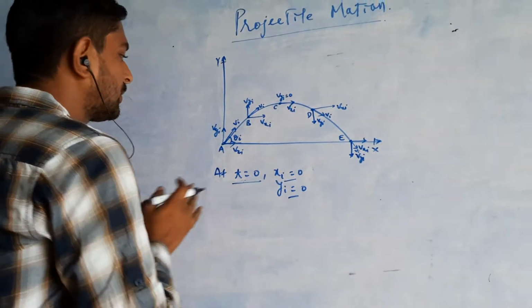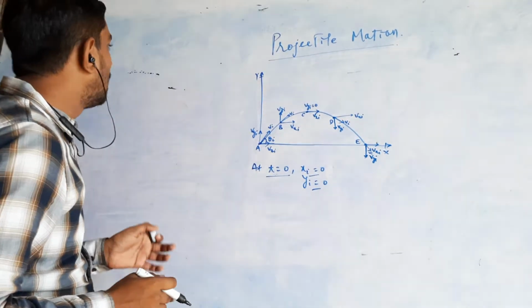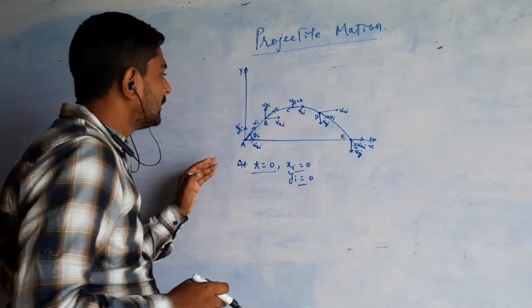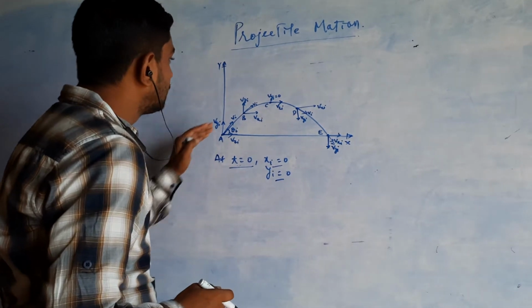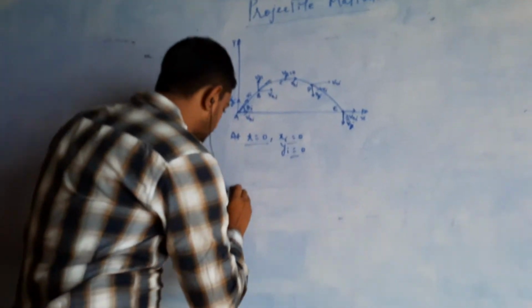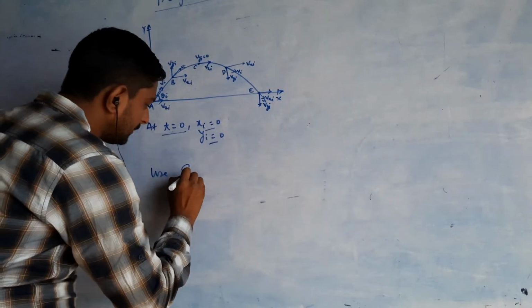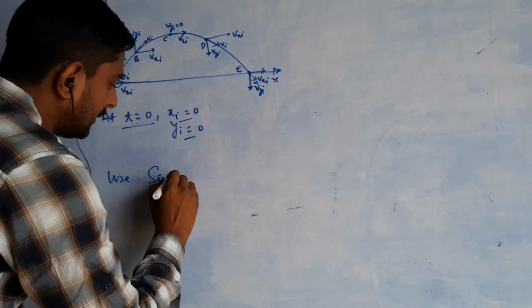Now I am going to discuss its motion, how it behaves, and how we can show that this motion follows a parabolic path. So first of all, I am using the sine and cosine rule here.